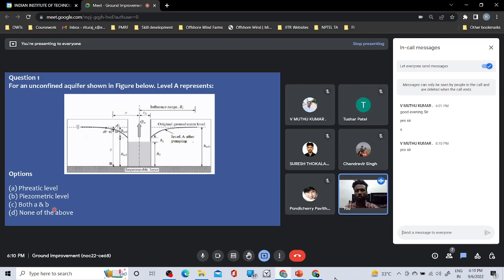So here is the first question. What water level does it represent?